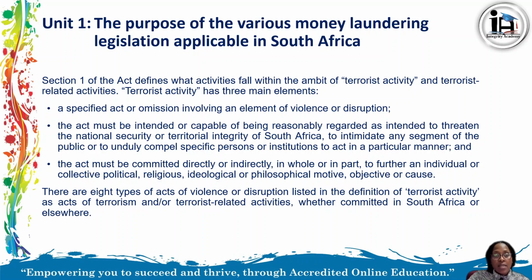The second one, the act must be intended or capable of being reasonably regarded as intended to threaten the national security or territorial integrity of South Africa, to intimidate any segment of the public, or to unduly compel specific persons or institutions to act in a particular manner.